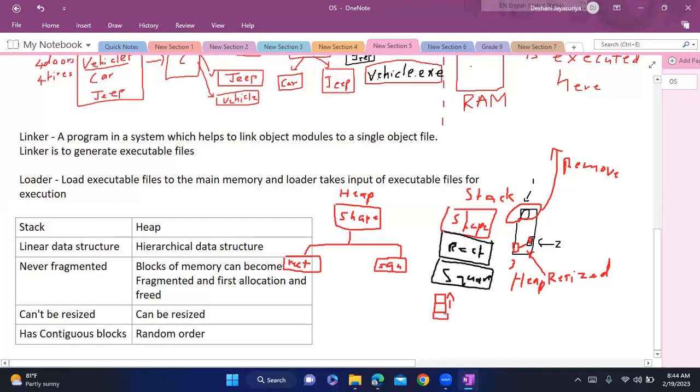So continuity is there, right? Randomly, when it comes to heap, you can execute things, right? You can execute three first and execute two later. In heap, it is different, and in stack, this is how it works. So this is in heap of the RAM.